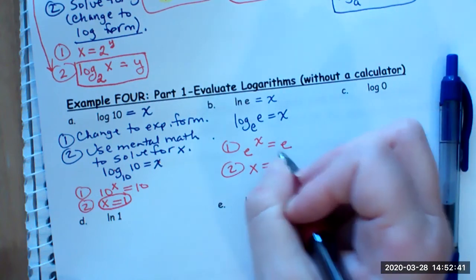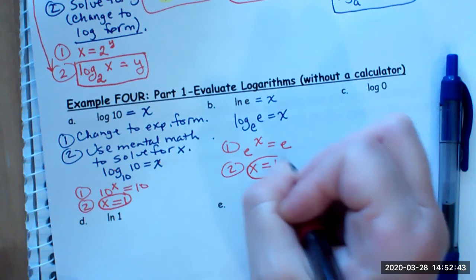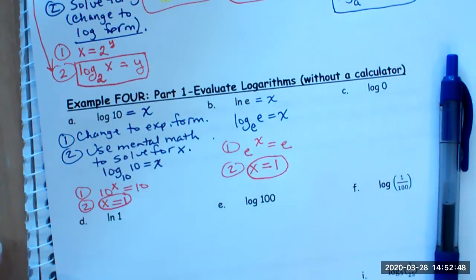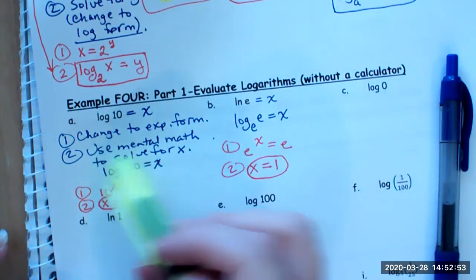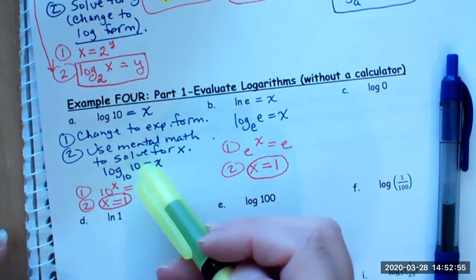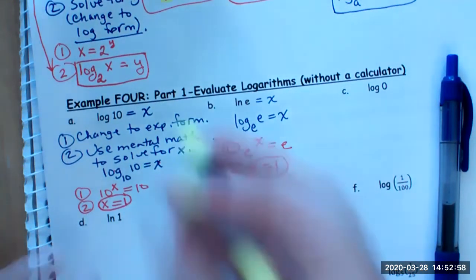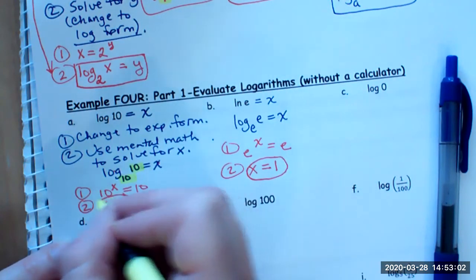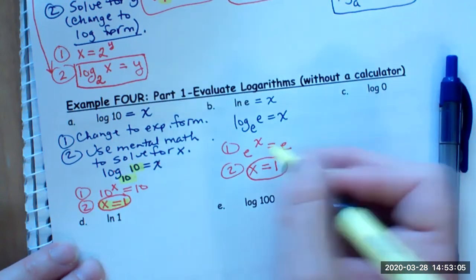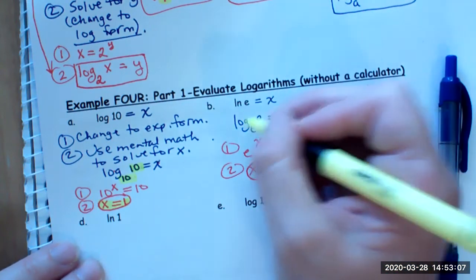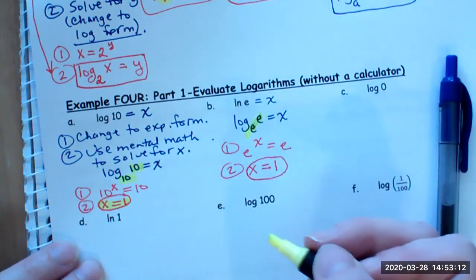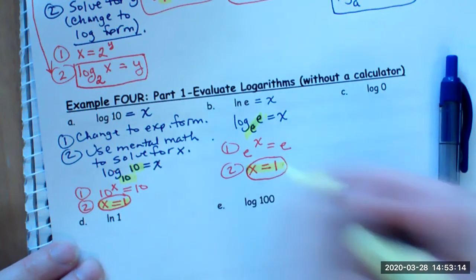Okay. Now I want you to notice something special about A and B here. I want you to notice that we're taking the log of a certain value, and that certain value happens to be the same as the base. And the answer we're getting is x equals 1. Notice over here, we're taking the log of a certain value, it happens to be the same as the base, and the answer we're getting is 1.